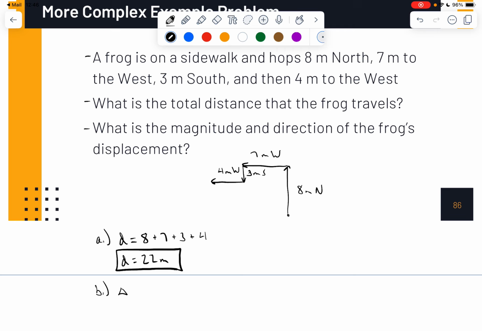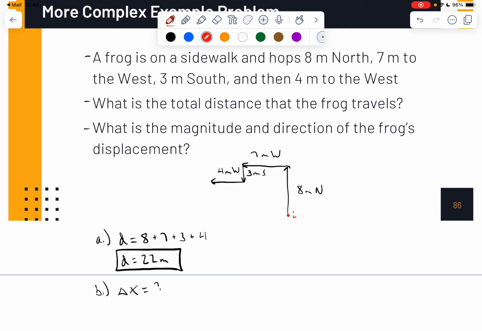Now for part B, when we're trying to find our displacement, that's going to be a little bit more tricky. Displacement is telling us how we get from our very beginning starting point. So our initial point is before we went the 8 meters north.